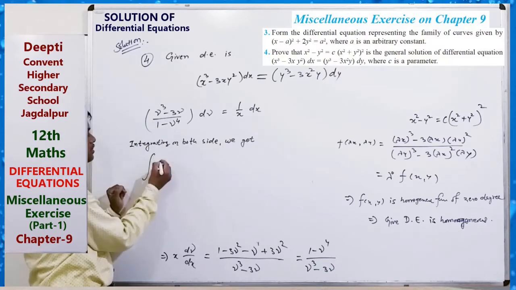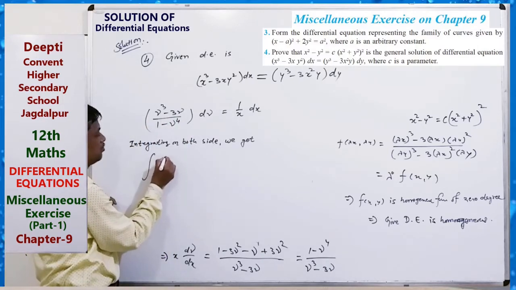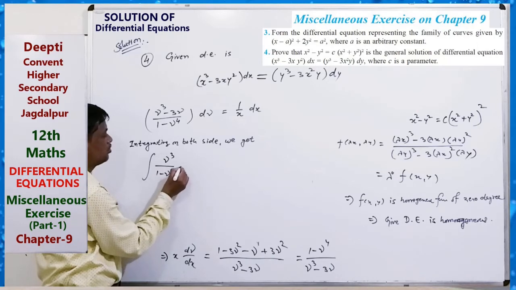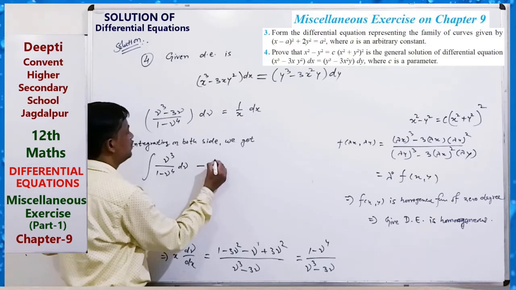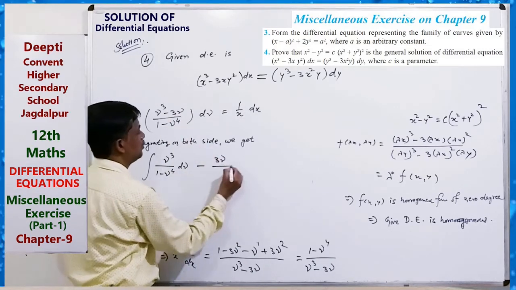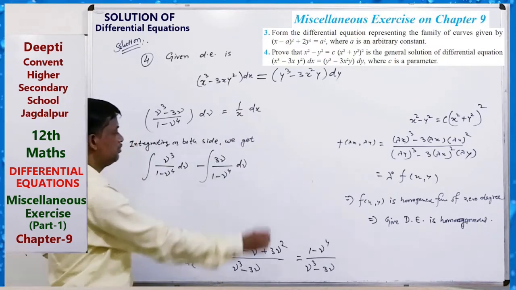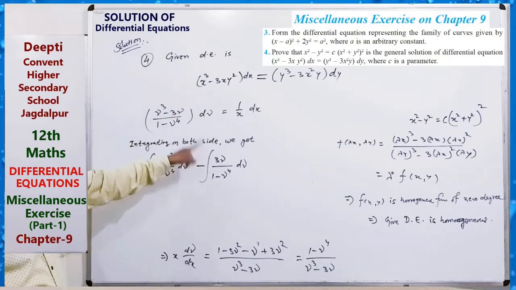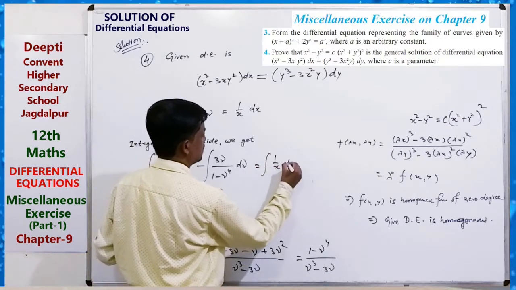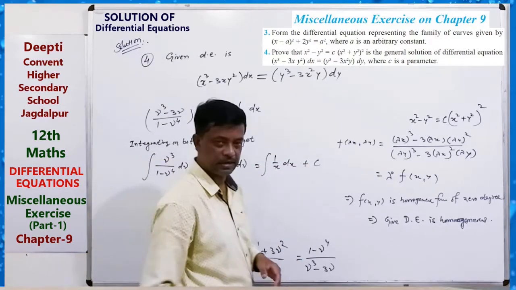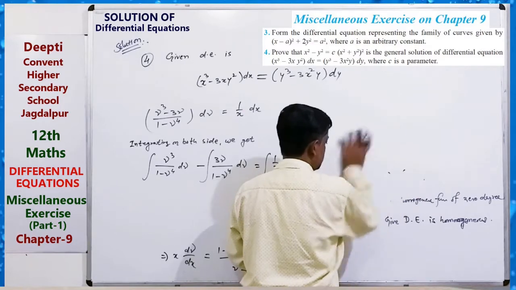Integration of this, and also separated in two parts: v cube by 1 minus v to the power 4 dv minus 3v upon 1 minus v to the power 4 dv equals to integration of 1 by x dx plus c. Clear? So this is the process of finding solution of homogeneous equation.